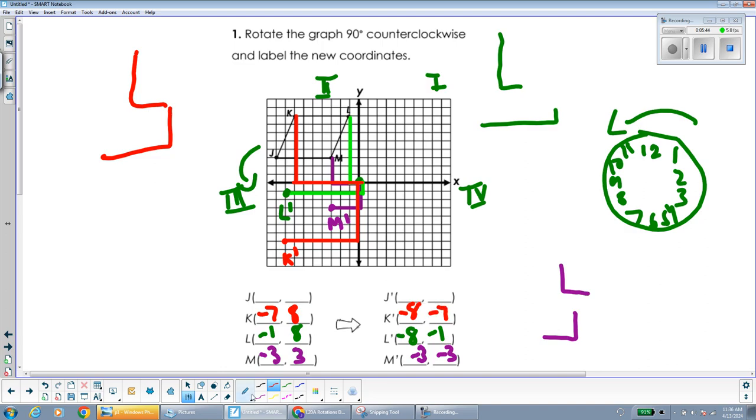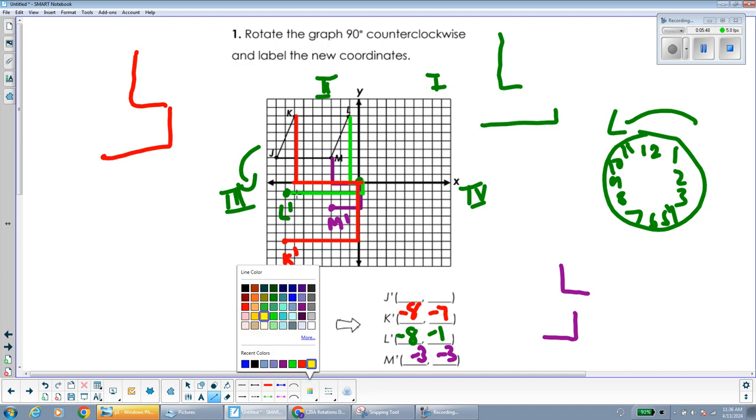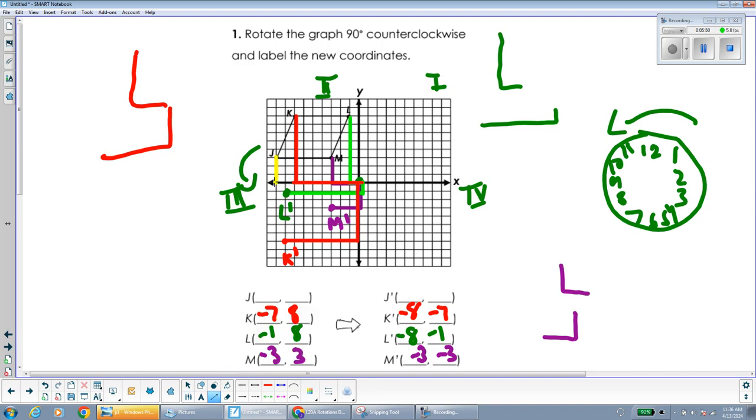And finally, all we have left to do is point J. And that L looks like this. So if we rotate it 90 degrees counterclockwise, it's going to look like this. And that's 1, 2, 3. 1, 2, 3, 4, 5, 6, 7, 8, 9.